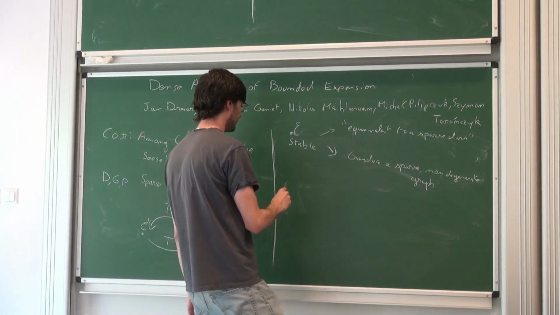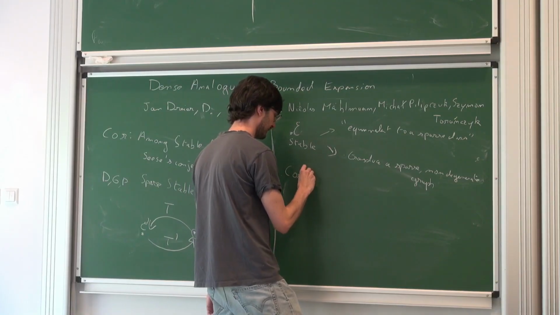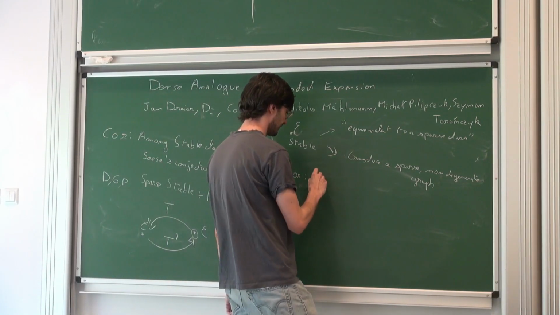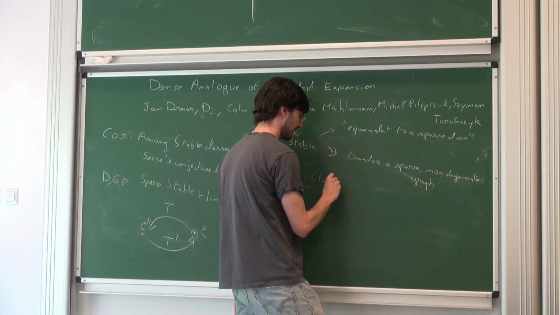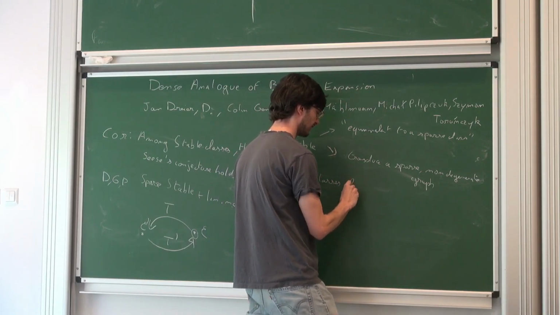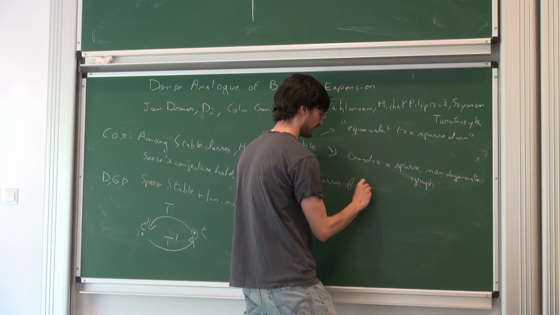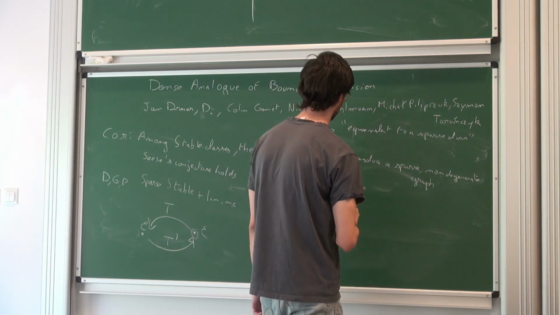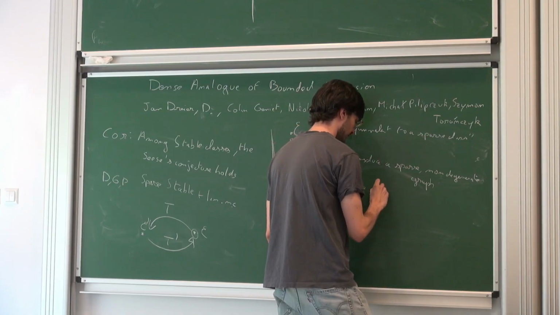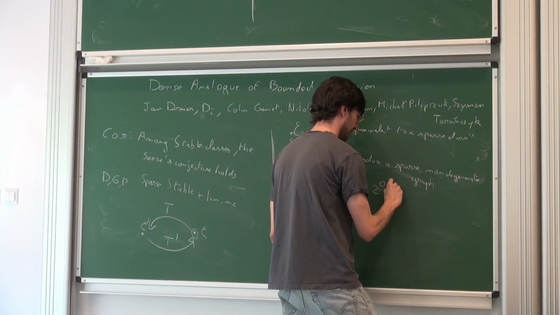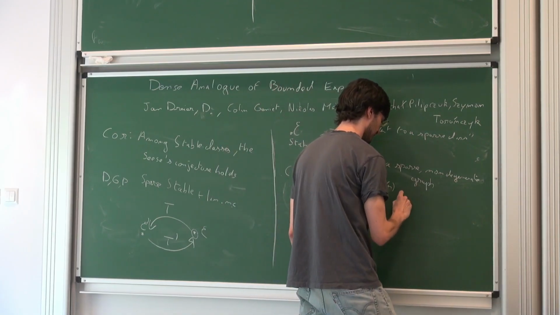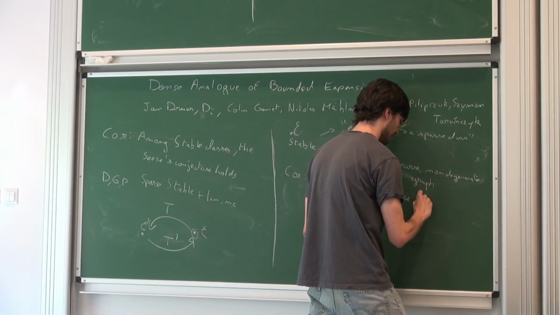The second corollary should be that classes of size 2 to the big O of n are stable for transduction.